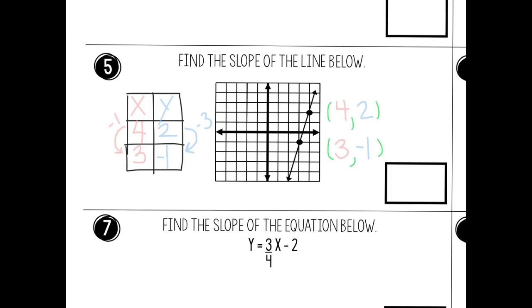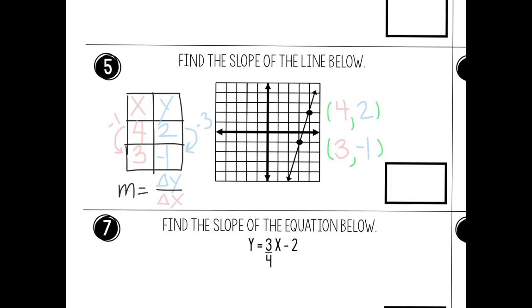Now I'm going to start talking about my little formula we have here. Our formula says that our slope is made up of our change in y over our change in x.